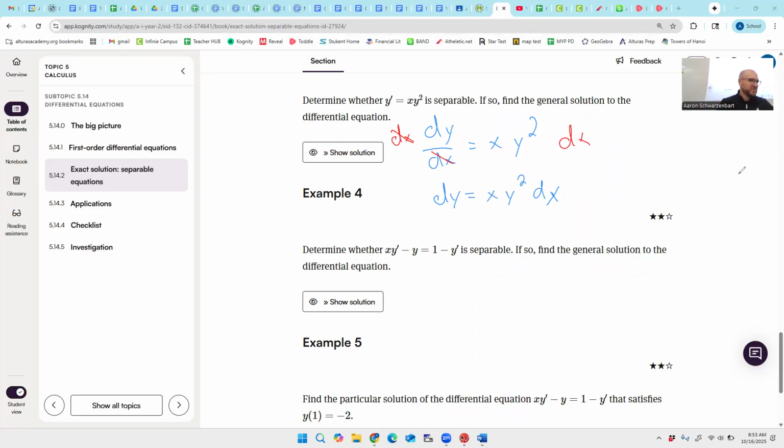Yes. You can divide by y squared. And it wants me to find the full solution, so I need to go all the way on this one. So I'm going to bleed into example 4's space.